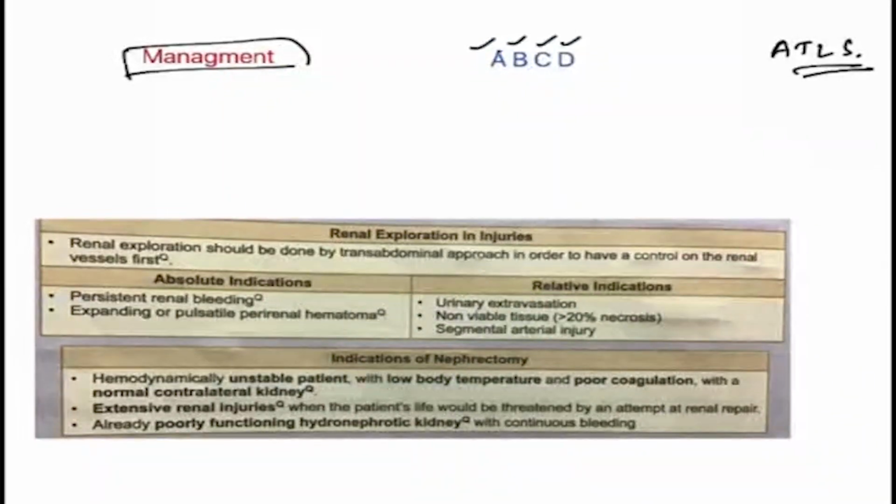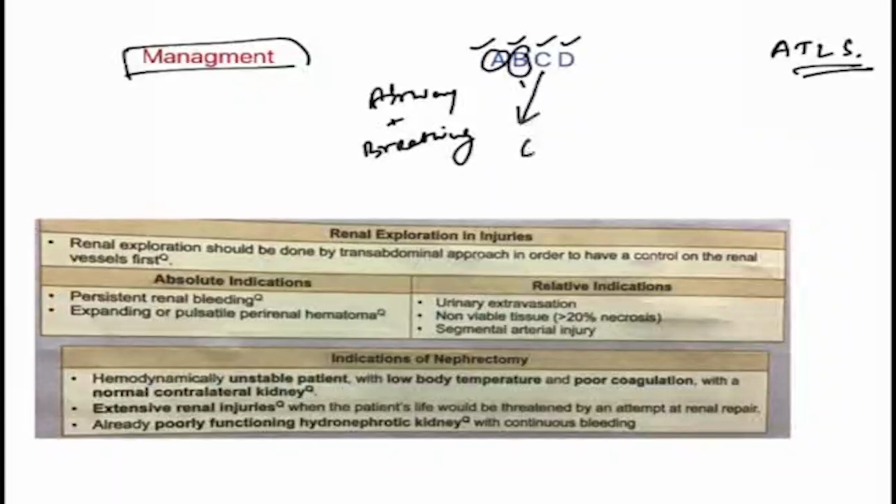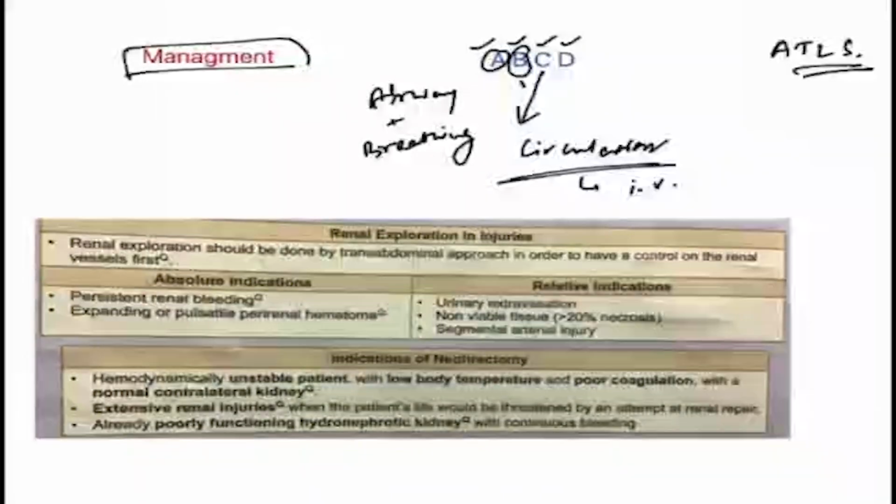Now, in any trauma management, we have to follow ATLS guidelines, which is A, B, C, D. A for airway and breathing. So we have to maintain the patient's airway and breathing. Then C for circulation.